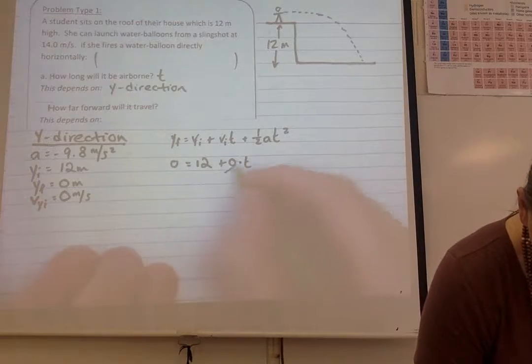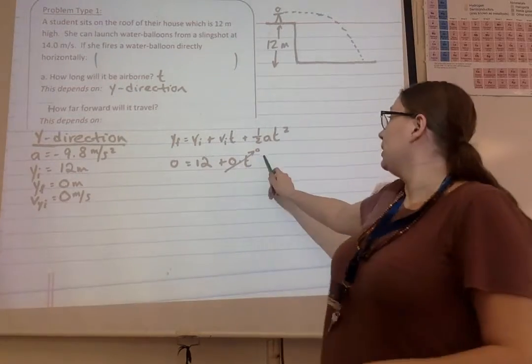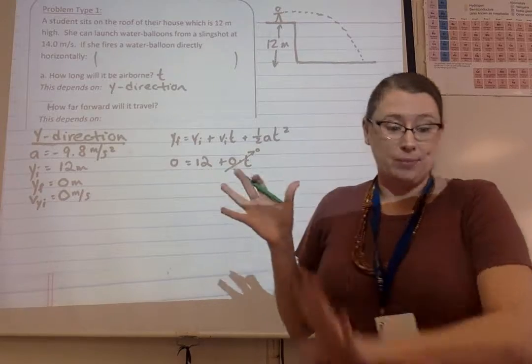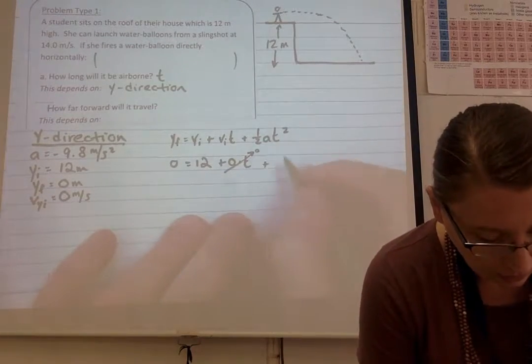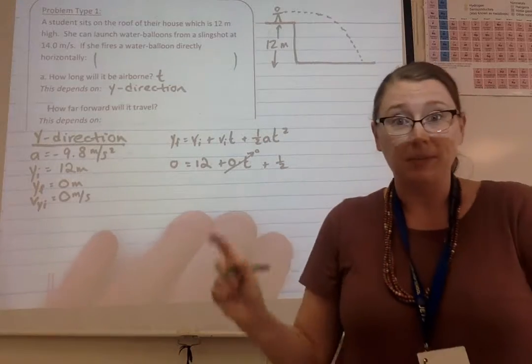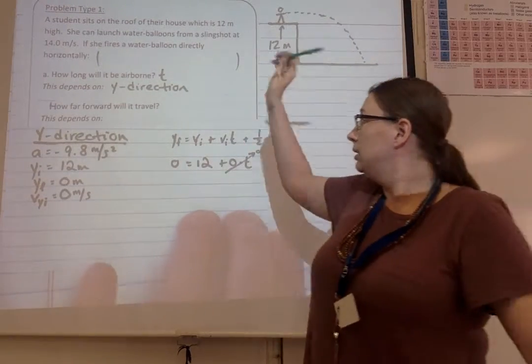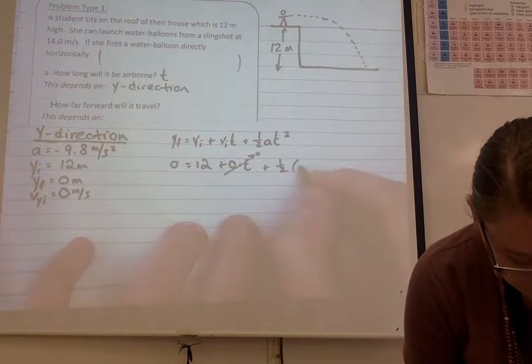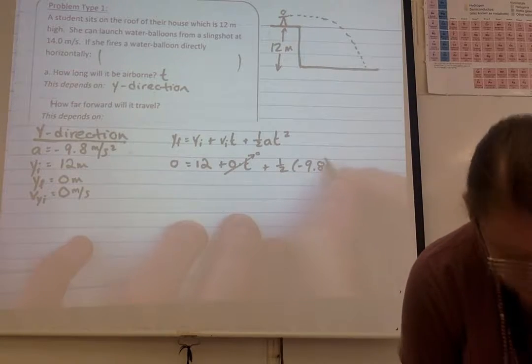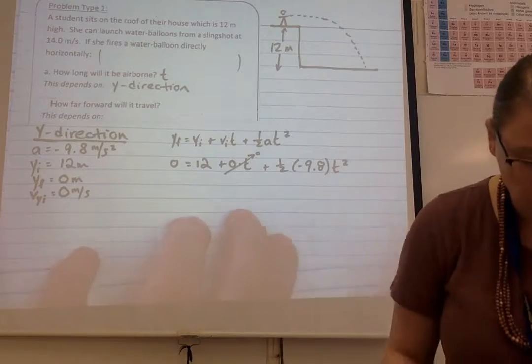So here we go, that's 0. Sometimes we'll draw an arrow through something and it goes to 0. That's what that means for me. So plus 1/2 times a, what's my acceleration? Negative 9.8, times t squared. All right.